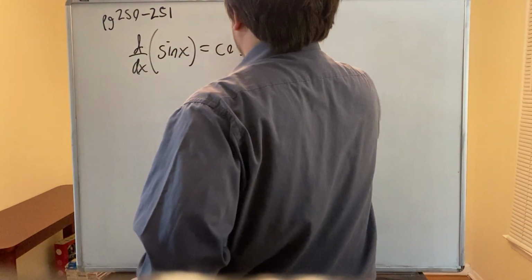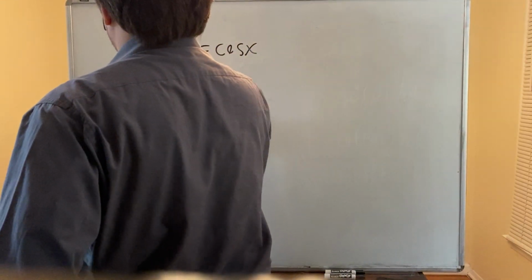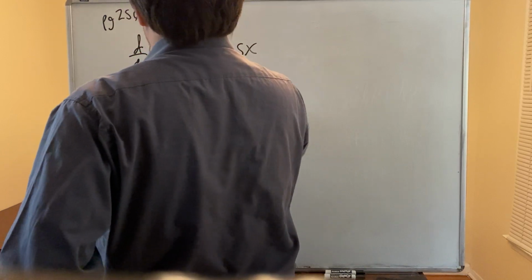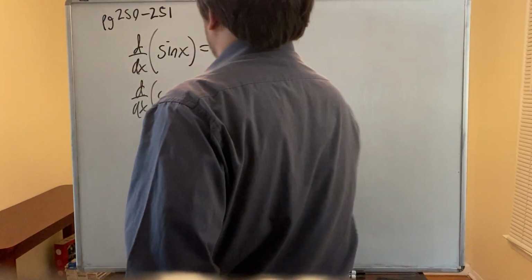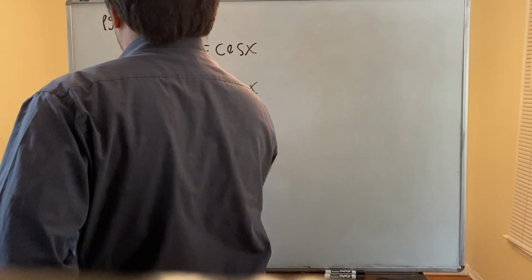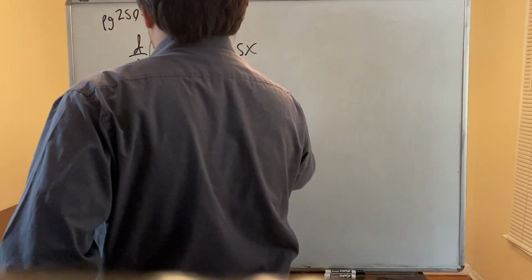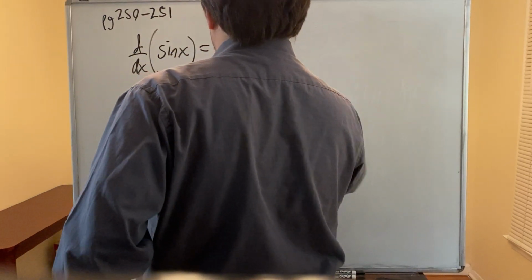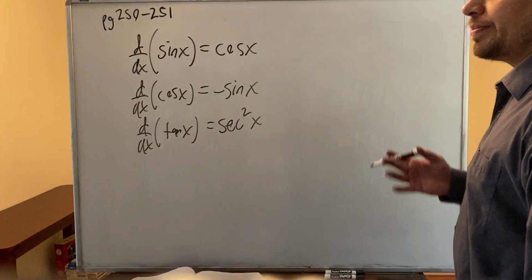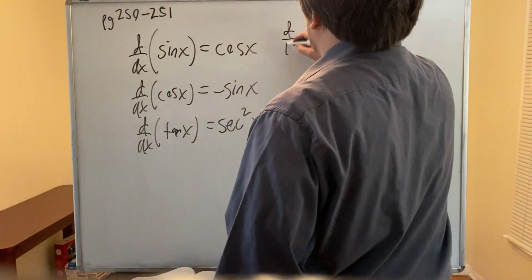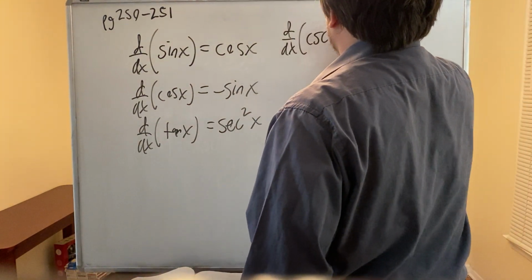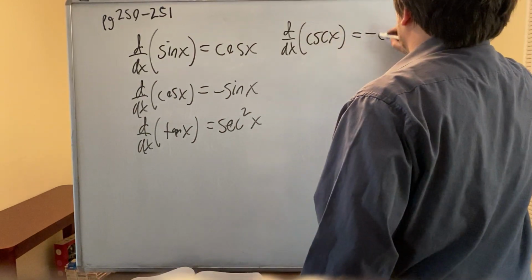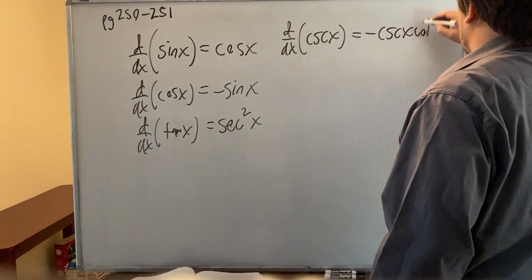So d dx of sine x is cosine x. d dx of cosine x is negative sine x. d dx of tan x is secant squared x. Okay, so this you can just remember. d dx of cosecant x is negative cosecant x cotangent x.